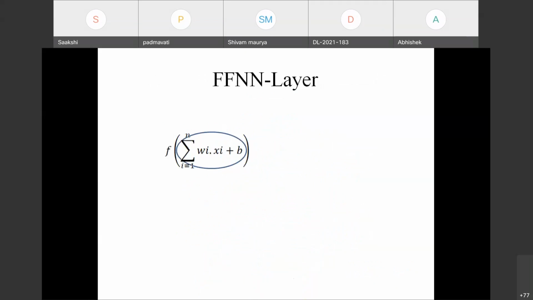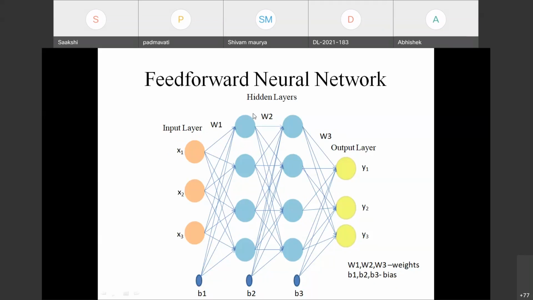With this, let us try to understand what that functionality F is about. F is the functionality applied on each neuron of these hidden layers as well as the output layer.